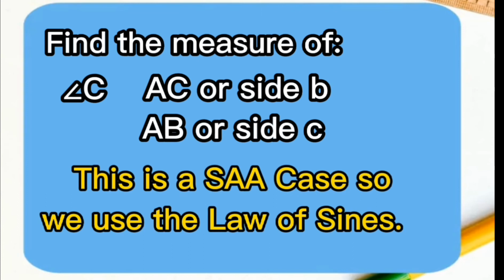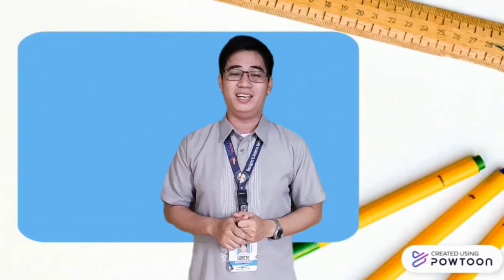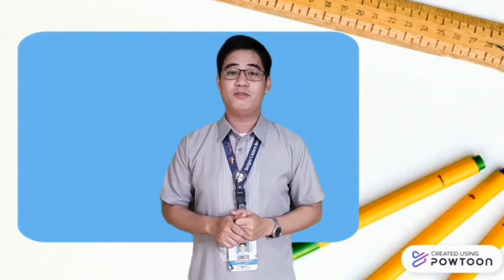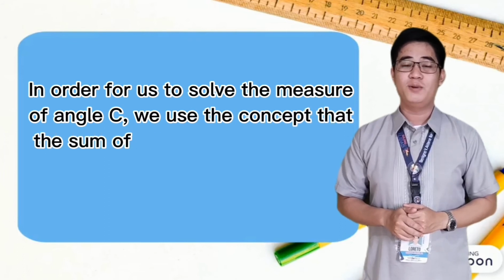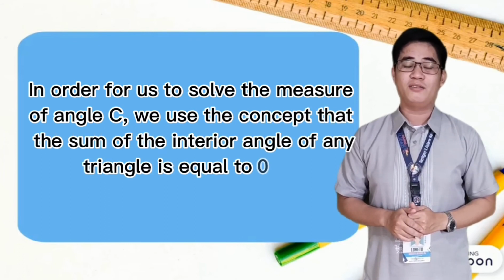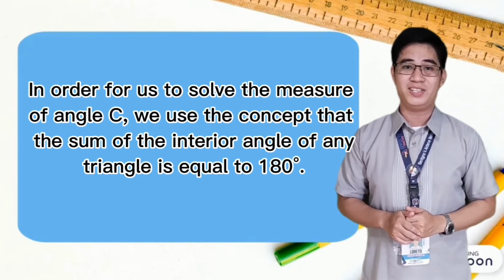This is a SAA case, so we use the law of sines. When two angles of a triangle are given with one side, we first find the third angle. In order for us to solve the measure of angle C, we use the concept that the sum of the interior angles of any triangle is equal to 180 degrees.